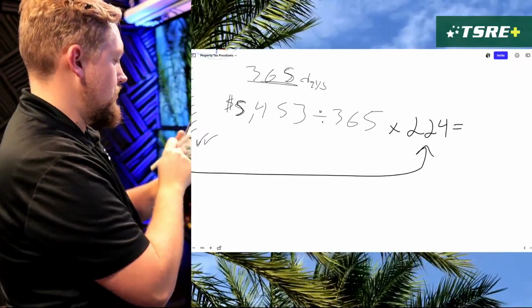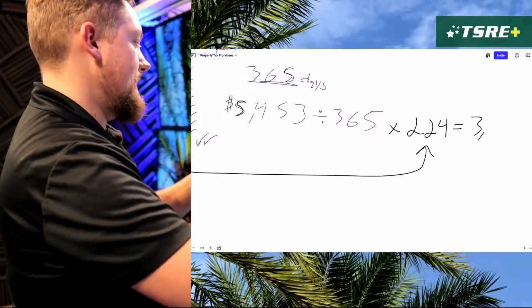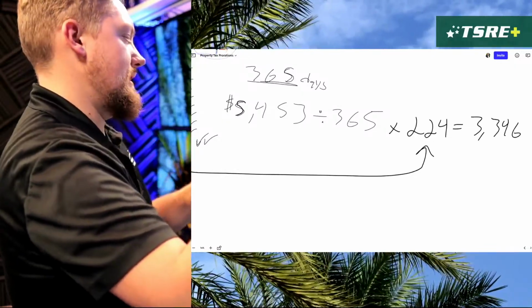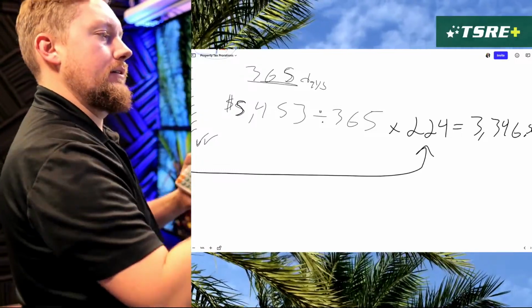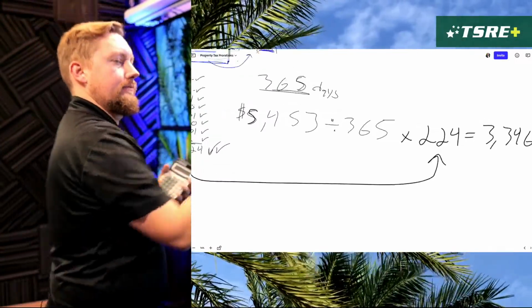So times 224 is going to give us $3,346, and it's actually going to be about 50 cents when we round: $3,346.50.